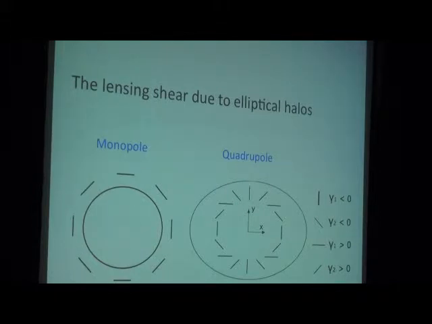What we're going to do is take a measured shear field and separate out the monopole and the quadrupole piece. This is really hard because statistically the signal to noise is 5 to 10 times smaller. And in terms of systematic errors also, it turned out to be a really hard measurement.